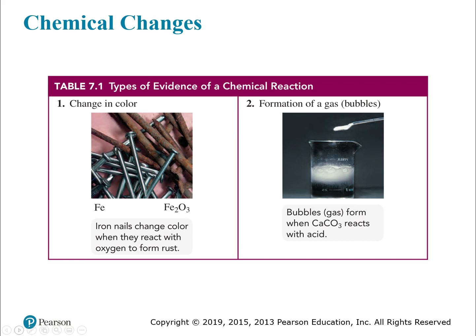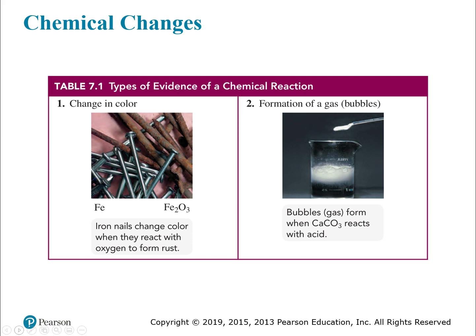So, changing color. The example here is when iron rusts. Rust forms when you have a metal interacting with oxygen. If you ever lived in a northern climate in the US, like Michigan, then you will see some rusted out cars.